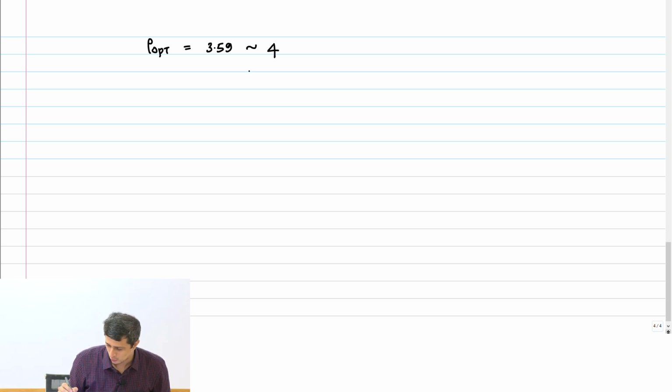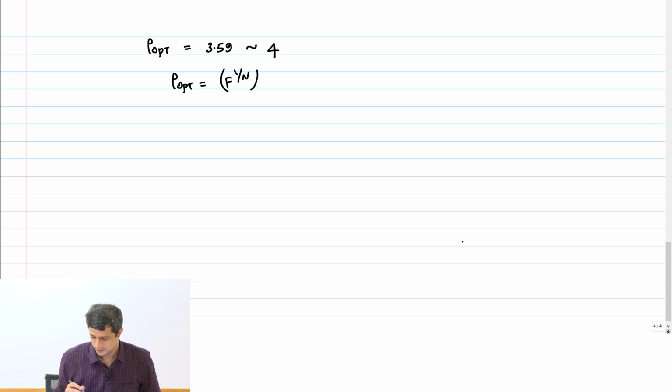So, of course, this rho opt, we defined it as f power 1 by N, right? Therefore, if I just take a log on both sides with base rho opt, I would get 1 equal to 1 by N log to base rho opt of f.